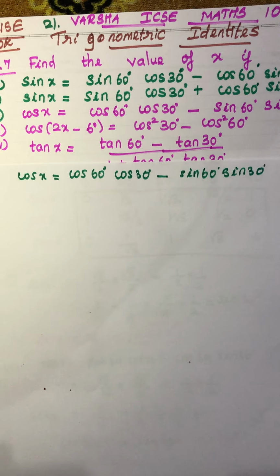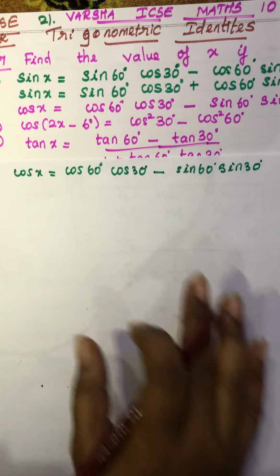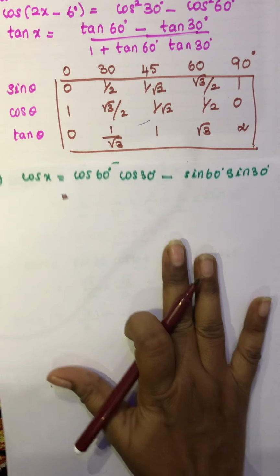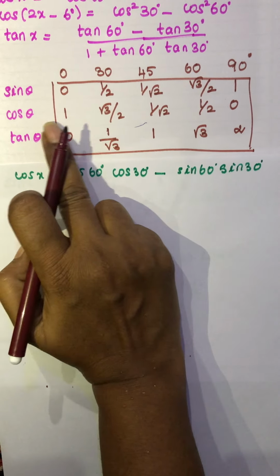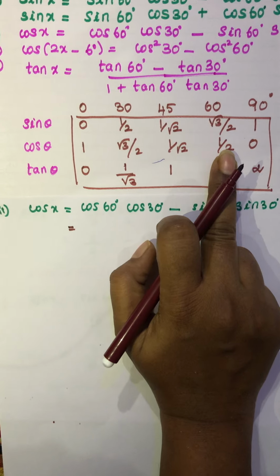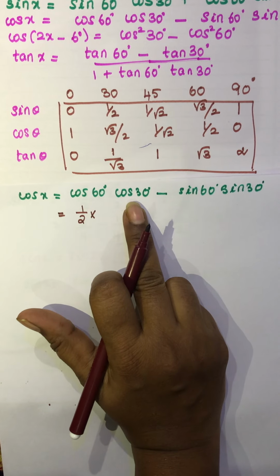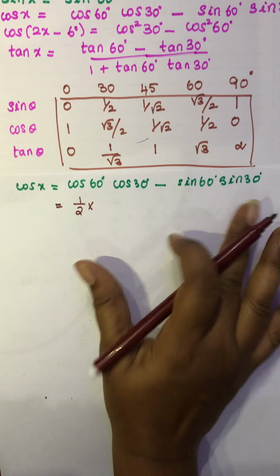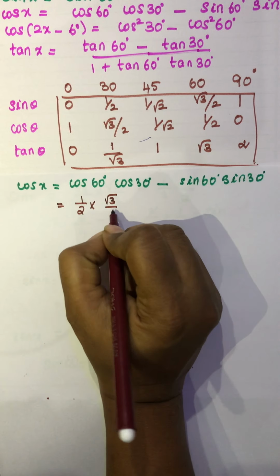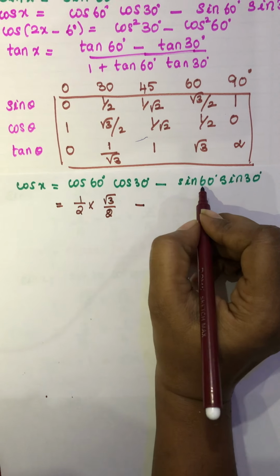Okay, substitute the values for this. What is the value for cos 60? It is 1 by 2. And cos 30, what is your cos 30? Root 3 by 2, minus sin 60.